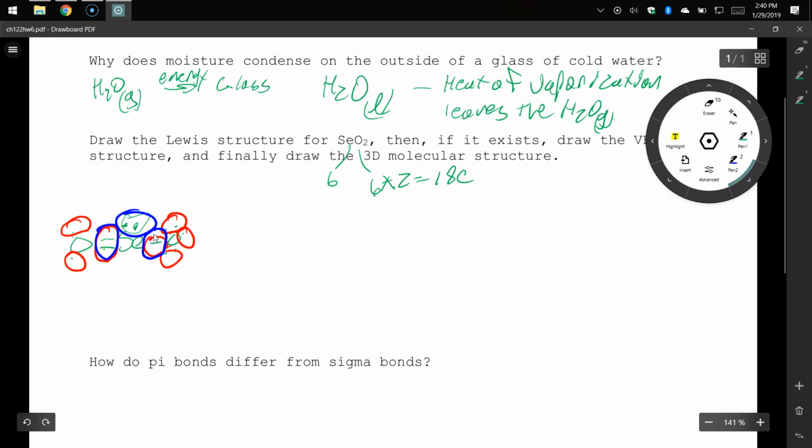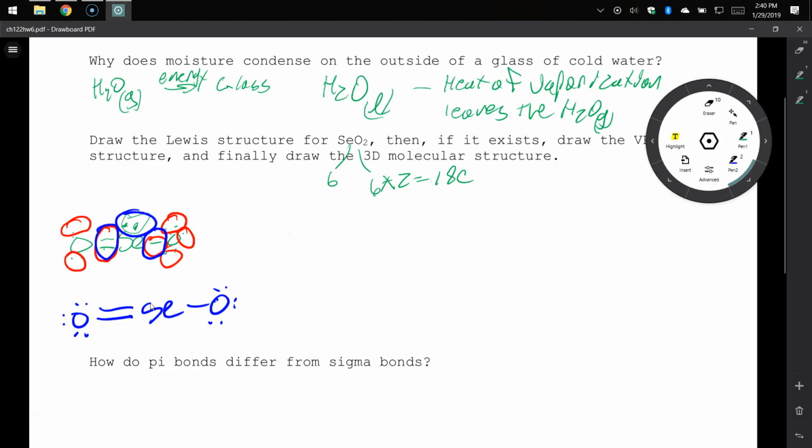So if I take those 2 electrons off the top of the selenium and use them to make the double bond, not good things happen. So I take the 2 that were up here and put them down there. Can you see why that's bad?